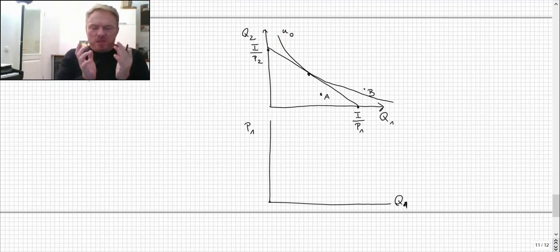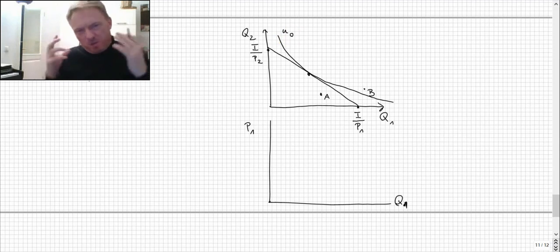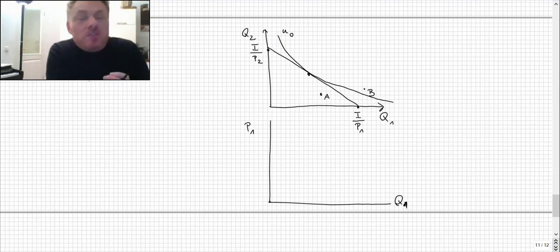It is easy to remember because the indifference curve is the location of the different possibilities of quantities of two goods where the utility is the same. So the utility is the same on this line.